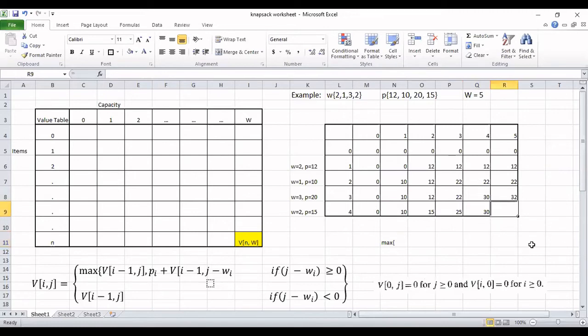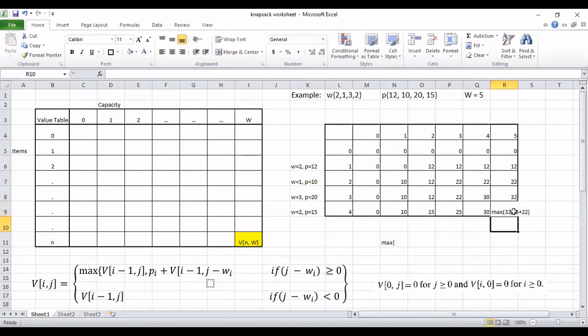How about the next one? The last cell, 37. If we find out the last cell, then we have completed our job. It's a max of previous value 32, and the current item's price 15 plus V of I minus 1, J minus W, which is 22. So the contention is between 32 and 37.